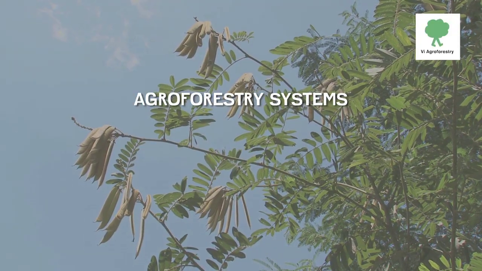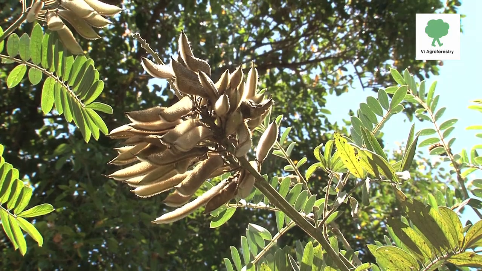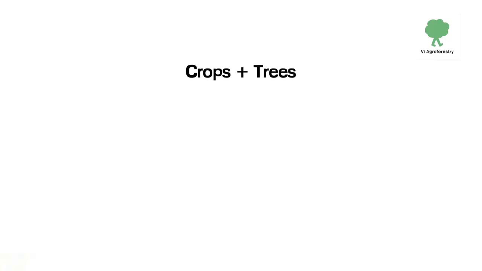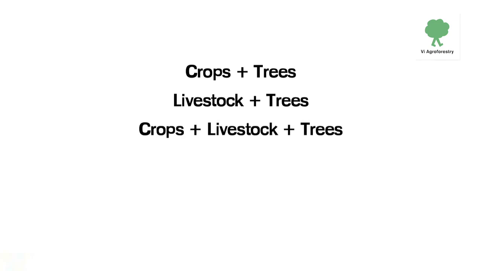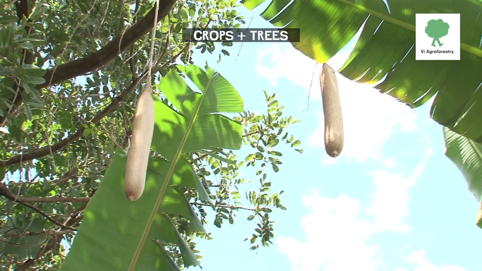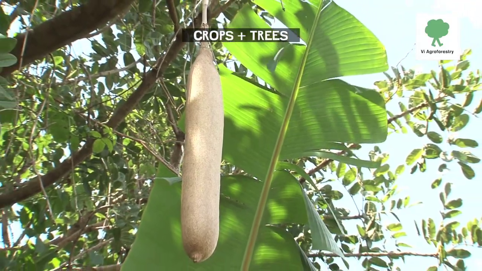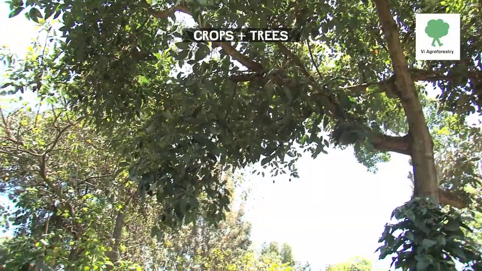Agroforestry systems. There are 5 common agroforestry systems: crops plus trees, livestock plus trees, crops plus livestock plus trees, insects plus trees, fish plus trees. Crops plus trees. Planting trees among crops can be done in a number of ways. 1.